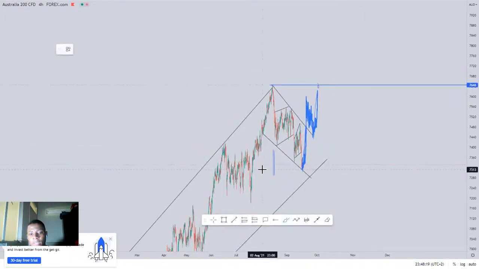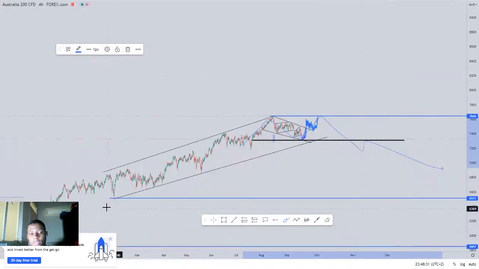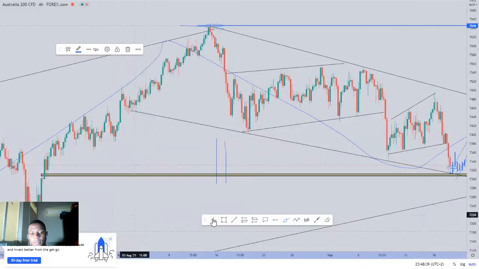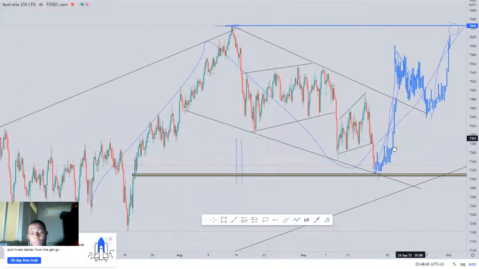So the neckline of the double top will be down here. So it's a double top, we break out, test the neckline, and then go test 90% of this low here. That's a long time, but you get my point. I'm hoping that you get my point.